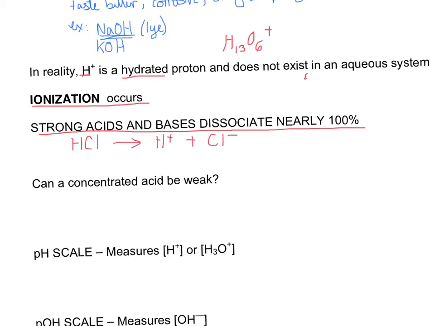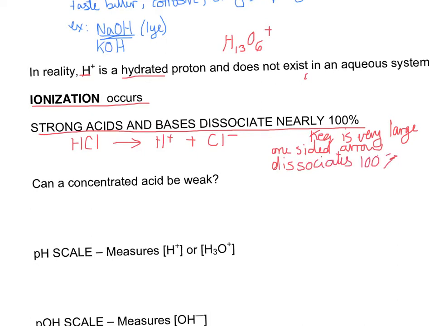Last chapter we talked about equilibrium. This is not an equilibrium. Basically your K is extremely large because it almost really goes to 100%. So this is a one-sided arrow because it dissociates 100%.